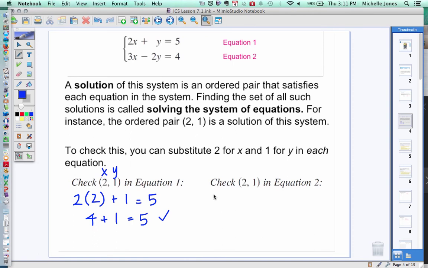Let's see if it's a solution to equation 2. So 3x minus 2y. Does that equal 4? So you get 6 minus 2. Yep, that's 4. So it's a solution. So because 2, 1 is a solution to both equation 1 and 2, it's a solution to the system.